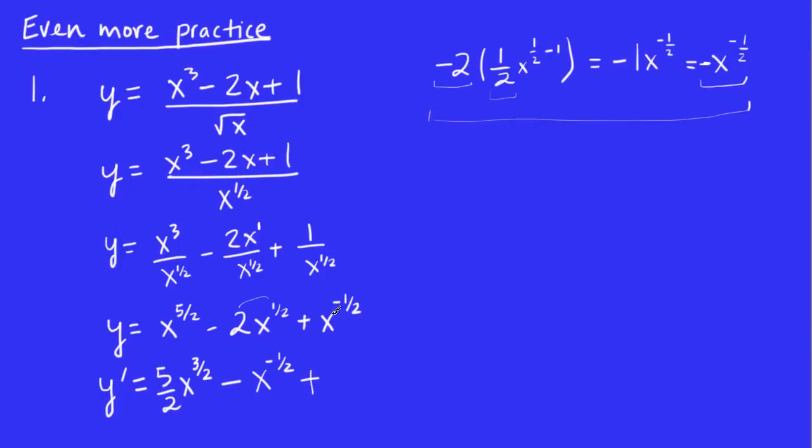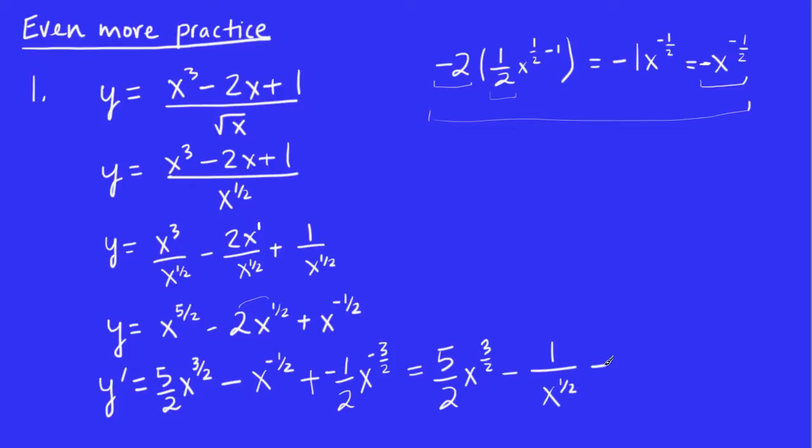Plus, finally, the derivative of this, negative 1/2 x to the negative 1/2 minus 1 is minus 3/2. This plus minus is kind of ugly and unnecessary, but let's clean that up on the next step. Because we have some negative exponents, we need to clean it up anyways. So 5/2 x to the 3/2 minus 1 over x to the positive half.